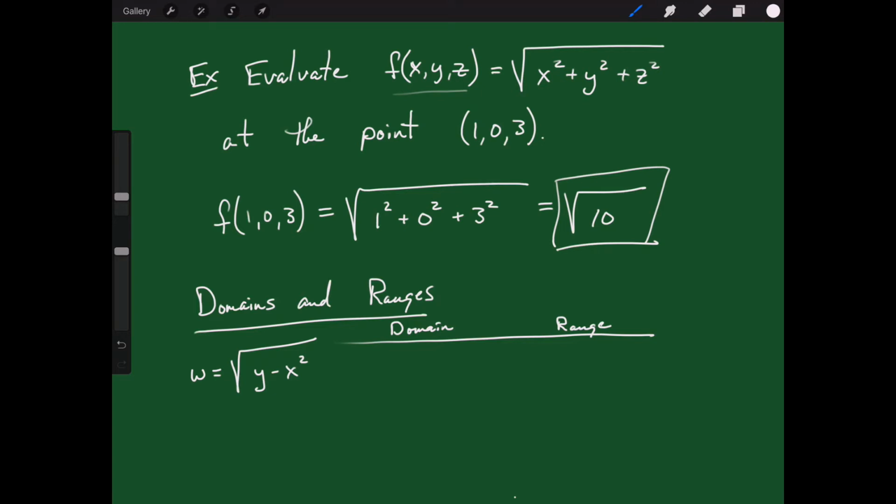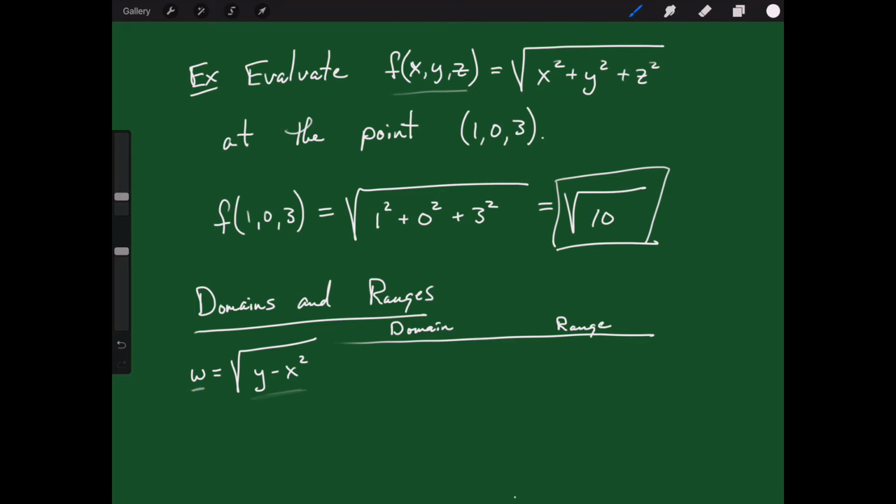Okay, so what's the domain of this function? Well, in other words, what are the x and y values that I can plug into this and actually get something, a real number, out as w? Well, we know that if I take a square root of something, the thing inside that square root needs to be non-negative. So y minus x squared needs to be greater than or equal to 0.